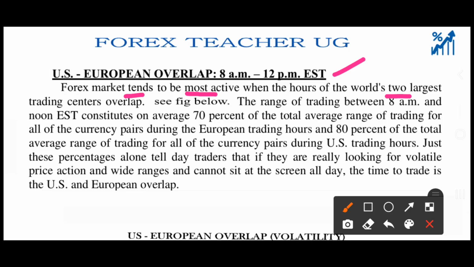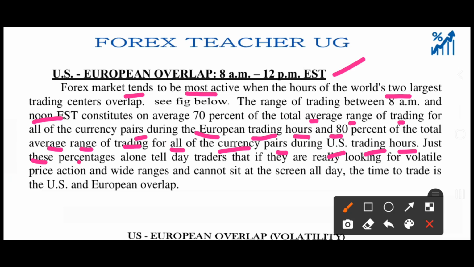The range of trading between 8 a.m. and noon Eastern time constitutes on average 70% of the total average range of trading for all the currency pairs during the European trading hours, and 80% of the total average range of trading for all the currency pairs during US trading hours.